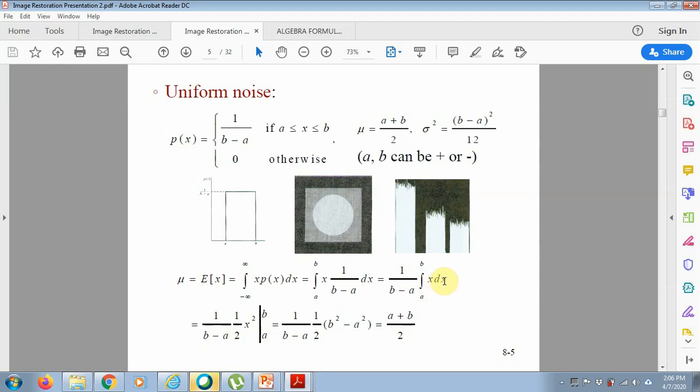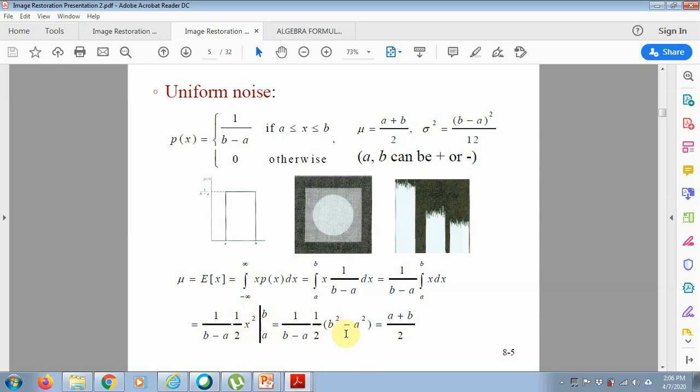That is the function. x dx is nothing but x square by 2, and then you will go for the limits A and B. So you will replace this: B square by 2 minus A square by 2, sorry, like this. You will substitute this for x.